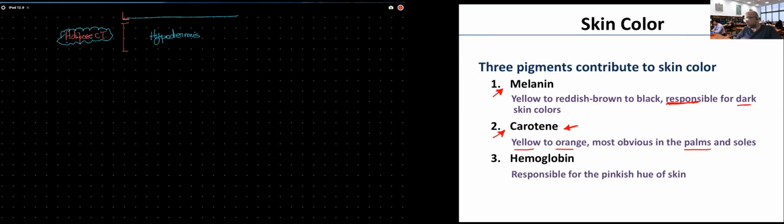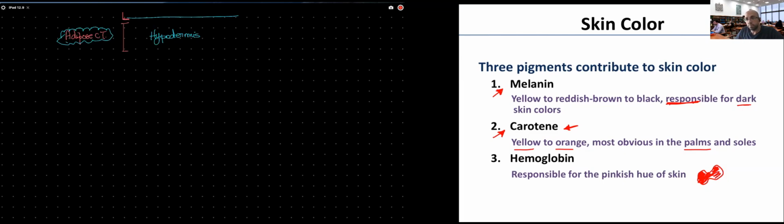Hemoglobin. Hemoglobin is the pigment responsible for carrying the oxygen within your red blood cells. And the hemoglobin is going to be responsible for the pinkish color of the skin. So if a person has anemia, what is the first thing that you're going to notice? That he has pallor.